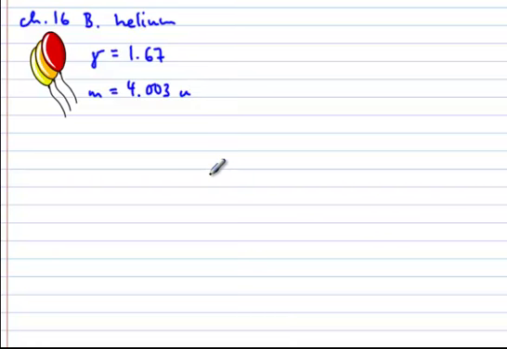So at what temperature is the speed of sound in helium the same as its speed in oxygen at 0 degrees Celsius? So same V as the V for O2 at 0 degrees Celsius.